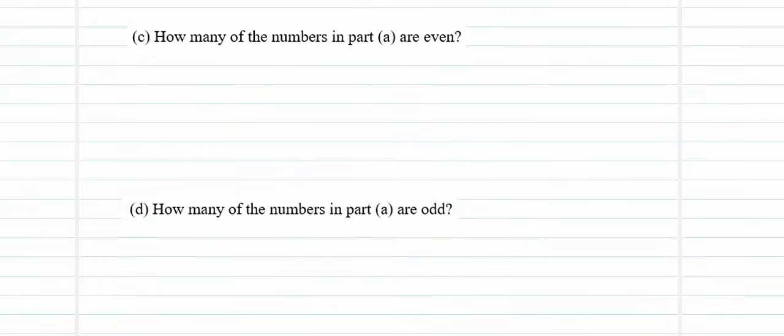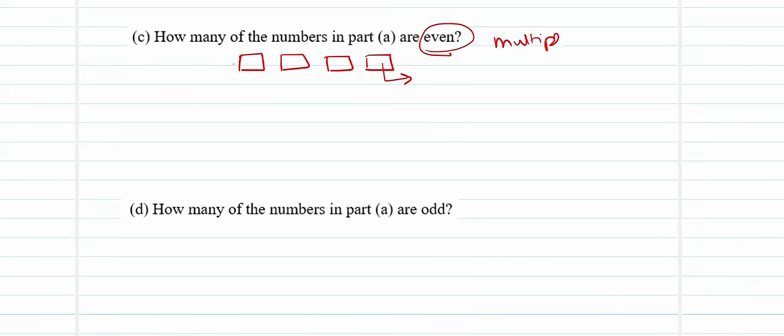Now moving on to the next subdivision. How many of the numbers in your part A are going to be even numbers? Now I have 4 digits and I want the number to be formed to be even. What do we mean by an even number? If the last digit is a multiple of 2, then we call that number an even number.